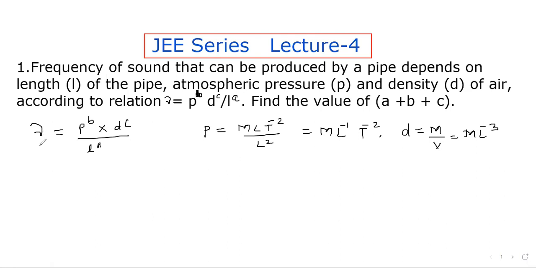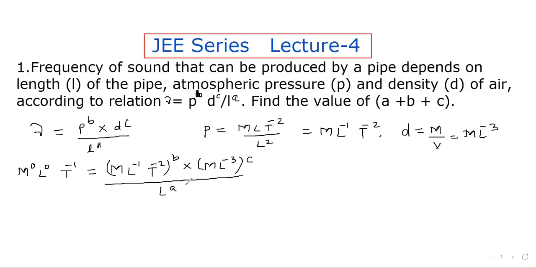And the frequency nu is 1 upon time. So we write M^0 L^0 T^-1 equal to the dimension of pressure (M L^-1 T^-2) whole power B times (M L^-3) power C divided by L^A.